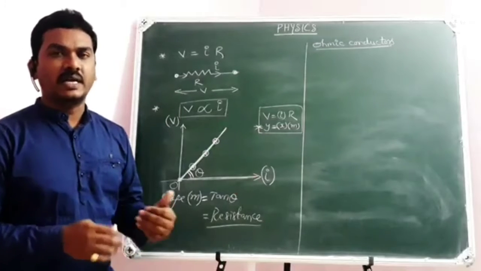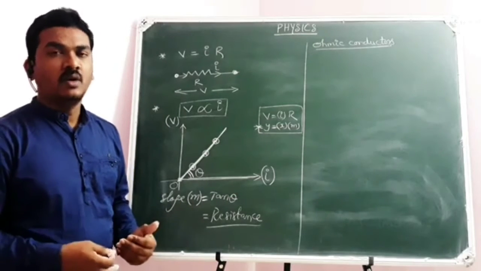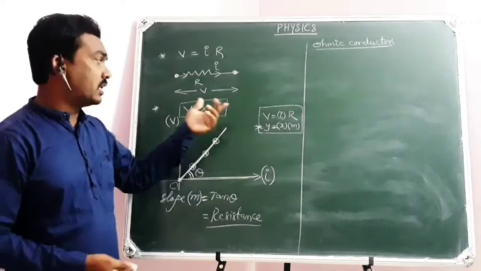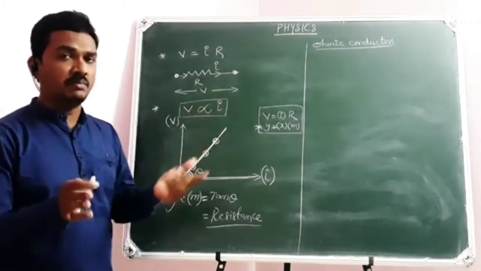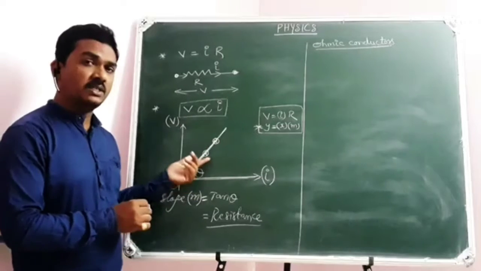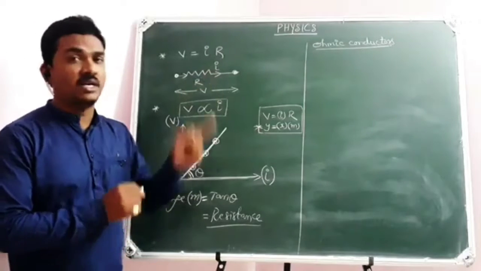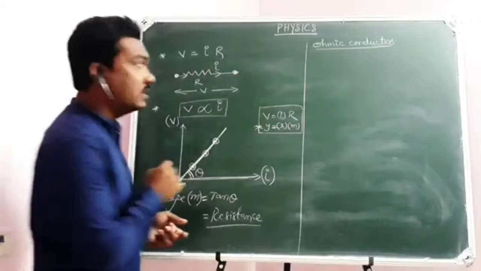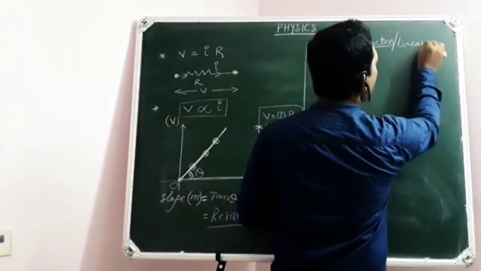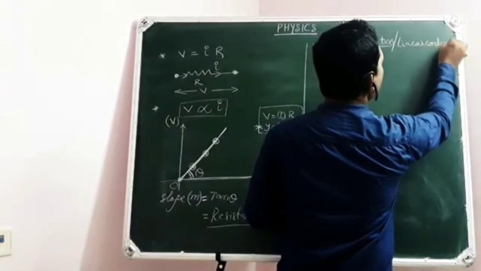Almost all the conductors like iron, copper, aluminium will be treated as ohmic conductors that obey Ohm's law at a constant temperature. No doubt in that. Their graph will be a straight line passing through the origin. That's the reason why these ohmic conductors are also known as linear conductors.